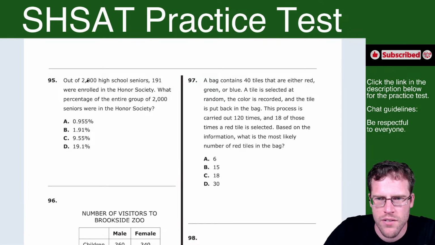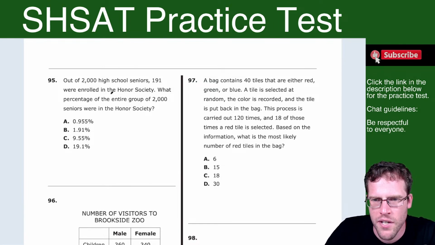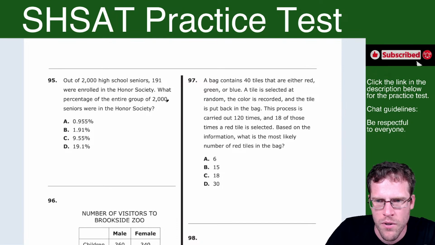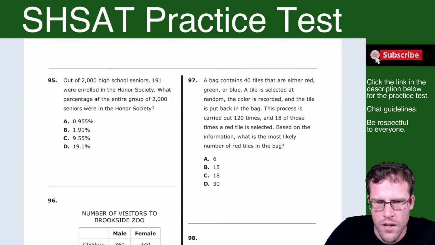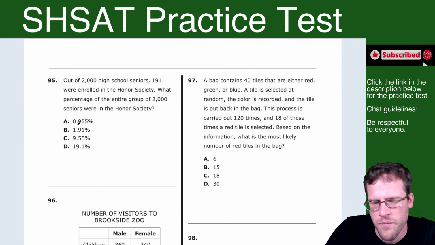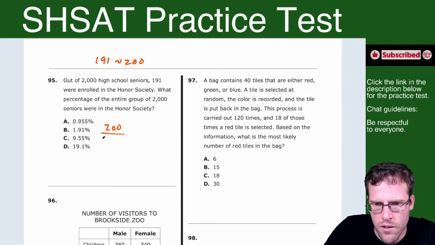All right. Out of 2,000 high school seniors, 191 were enrolled in the Honor Society. What percentage of the entire group of 2,000 seniors were in the honor society? So this one I think we could just approximate. You see how these answers are far away from each other? So here I would say 191 is roughly 200. So almost 200 seniors out of 2,000.